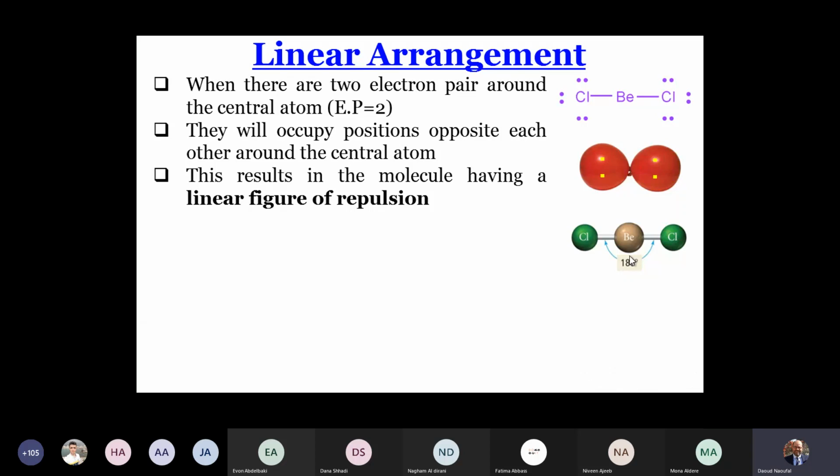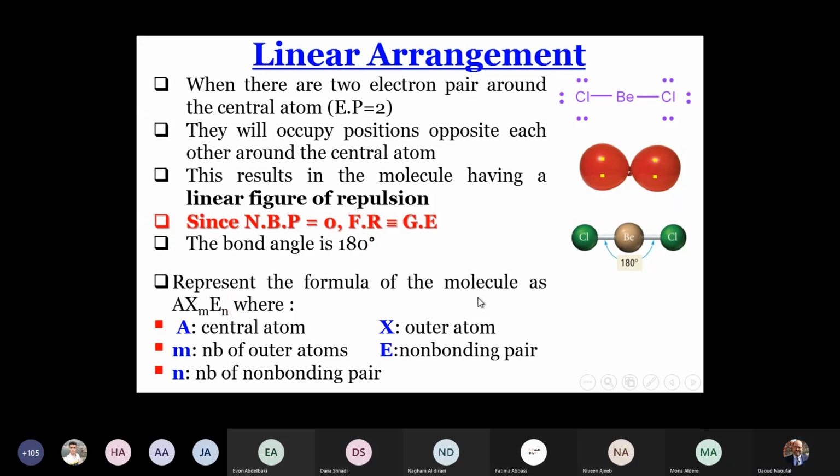Should we do the same analysis for any molecule? No. Now we will study a very simple method to find this arrangement. To find the figure of repulsion or the geometry of a molecule, transform the molecular formula to the type AXmEn.